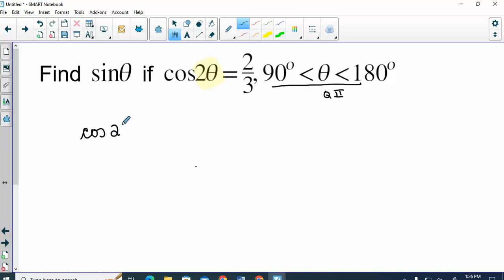Cosine 2 theta, you have 3 different formula options. You can use any of them, but I am trying to find sine. So it would probably be most helpful to use the formula that only has sine in it. So that is 1 minus 2 sine squared theta.